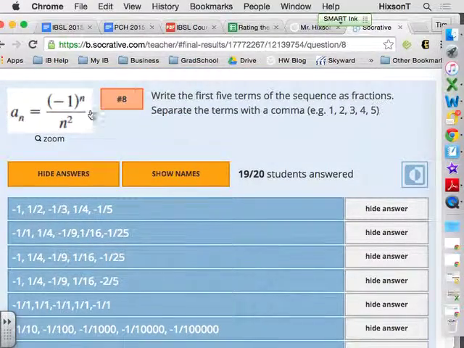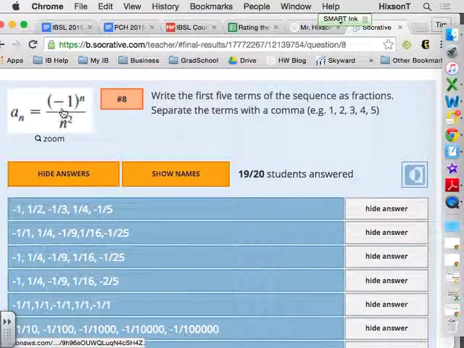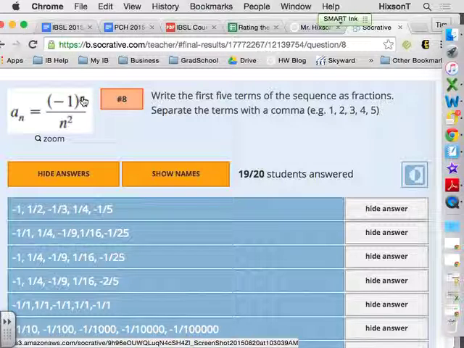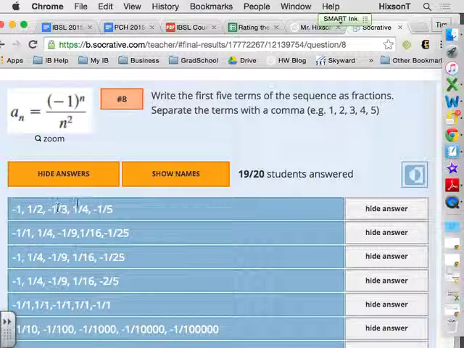So here when you plug in 1, you have -1 to the first power over 1 squared. That's just -1. The alternating sign is something that you'll actually see happen quite a bit. And that's because we have this negative that's being raised to a power.